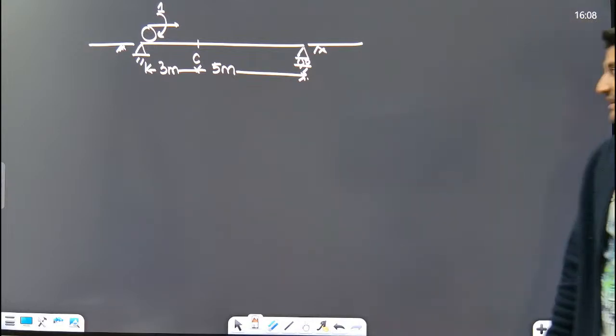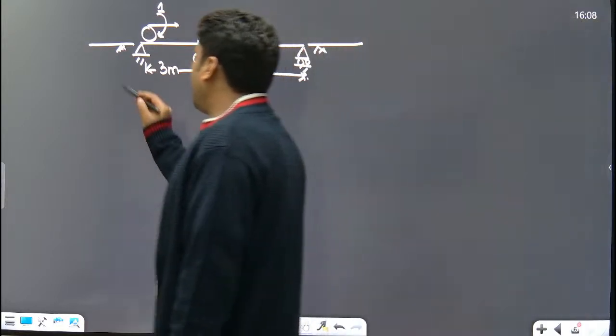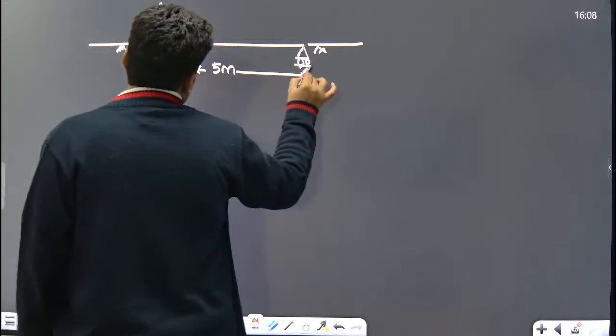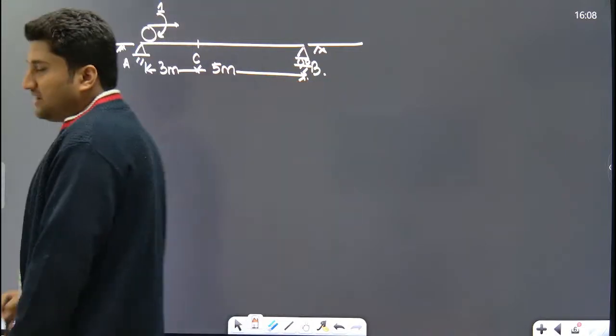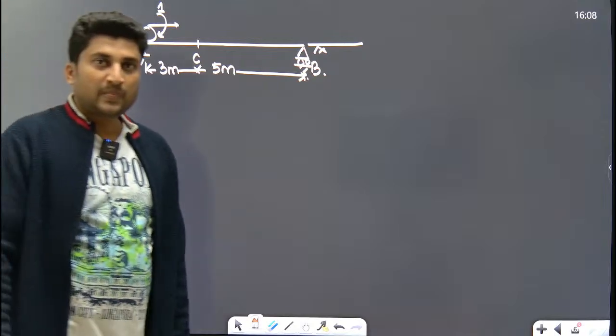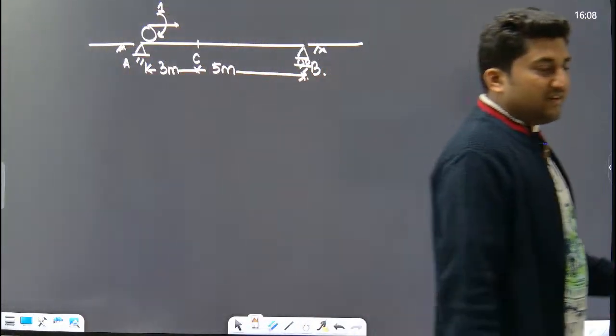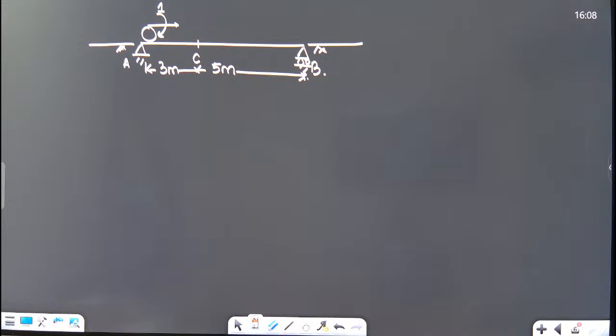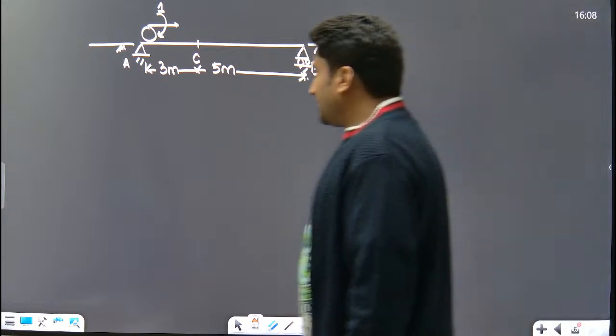You need to draw the ILD for reaction at A and B. Unit moment is traveling in the beam. If unit moment is traveling in the beam, clear? This is a unit moment.